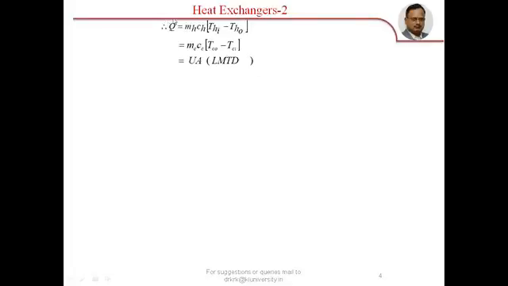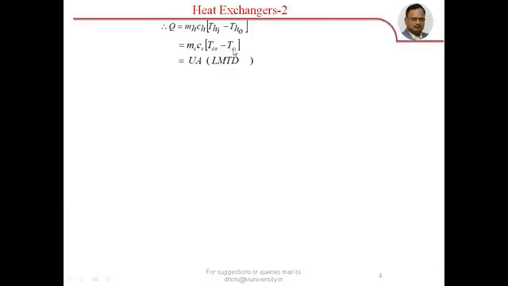Maybe Q is one unknown, THO another unknown, and the area of the heat exchanger the third unknown. That means TCO, TCI, THI are given, mass flow rates are given, and the overall heat transfer coefficient is given. So we know three temperatures, mass flow rates and overall heat transfer coefficient. You have to determine the fourth temperature, rate of heat transfer and area.